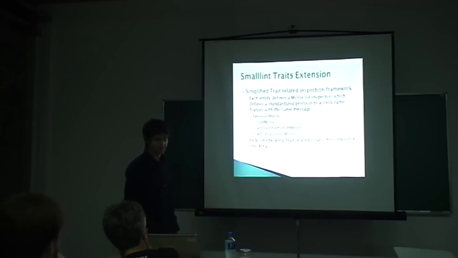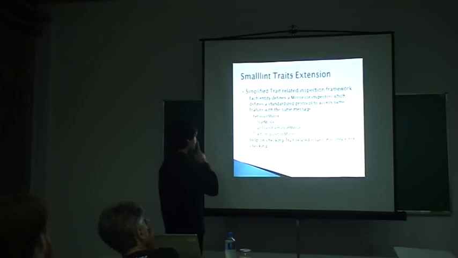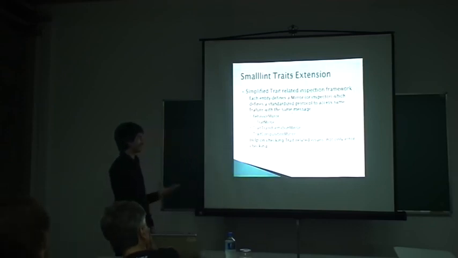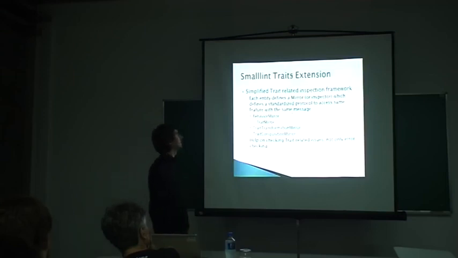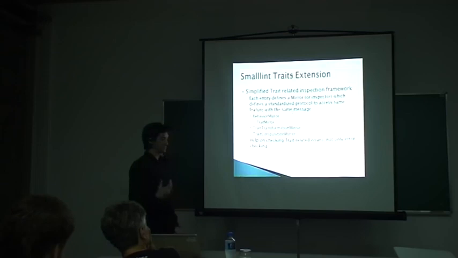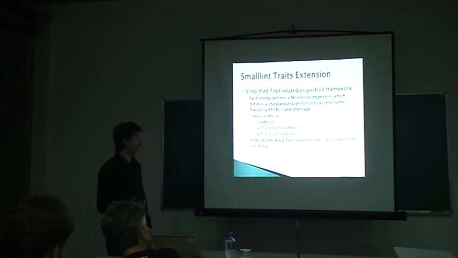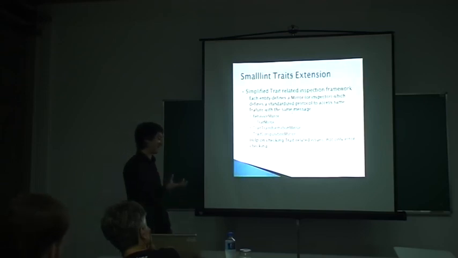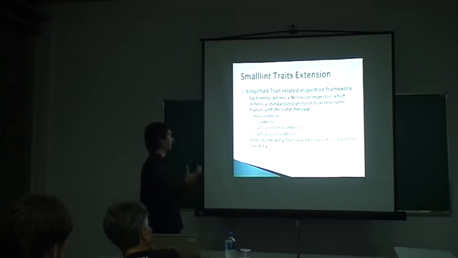Well, as I already told you, each entity, each class defines a mirror or inspector, which provides you that unified protocol or functionality to inspect some of the entity characteristics.